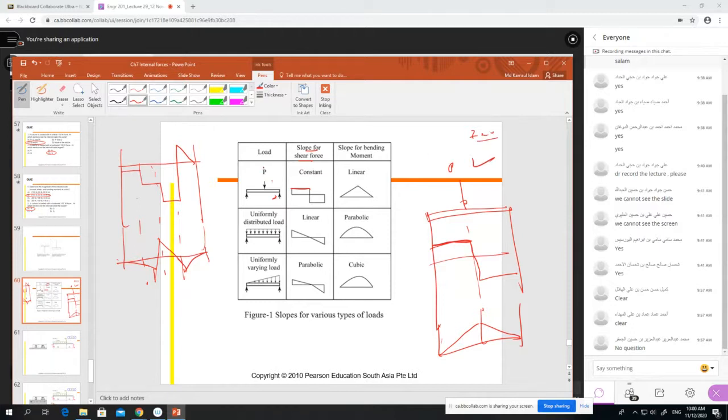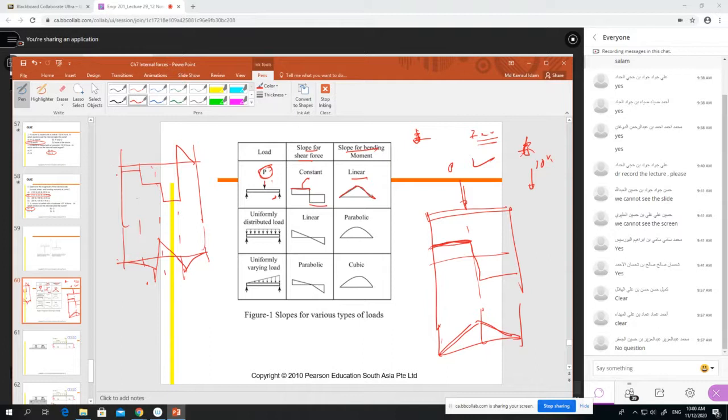If there is a concentrated load, this load is named concentrated load, at 10 kN. If a concentrated load is there, the shear force diagram will have zero slope, like this. If the shear force diagram has zero slope, the bending moment diagram will be inclined, linear, like this, as I drew here, linear.